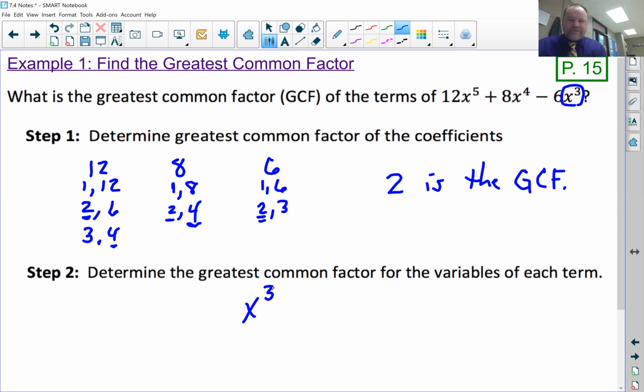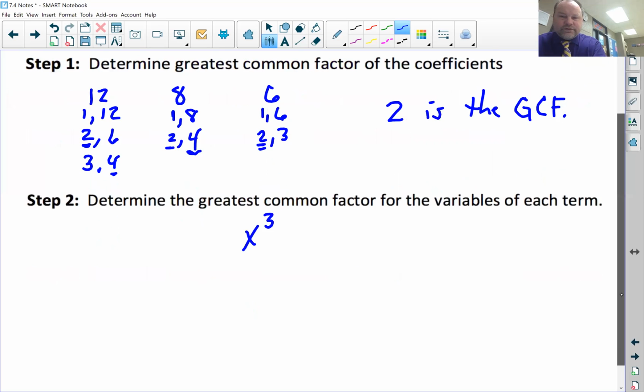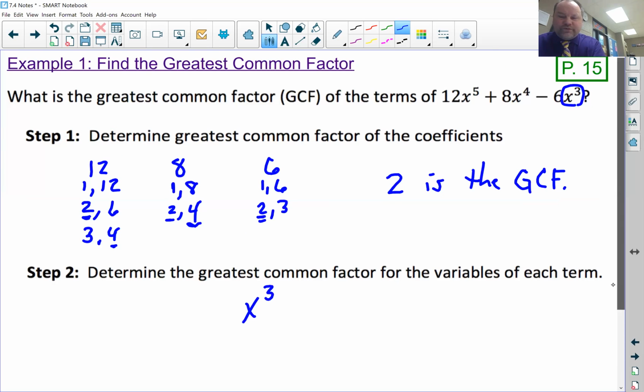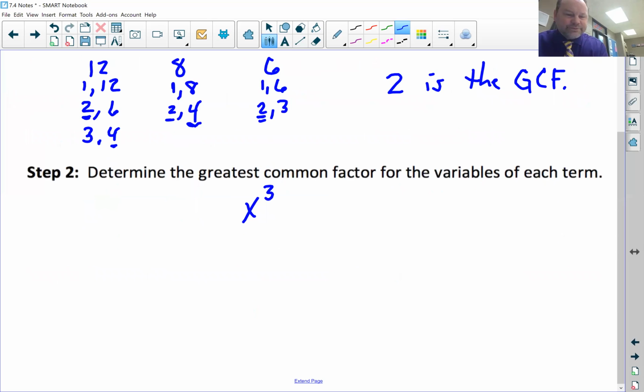All the terms have to have a variable for the variable to be the greatest common factor. And it's going to be the variable with the smallest exponent. So in this case, as I said, it's x cubed. So altogether, for 12x to the fifth plus 8x to the fourth minus 6x cubed, our greatest common factor is 2x cubed.